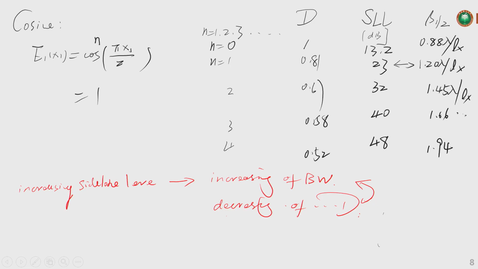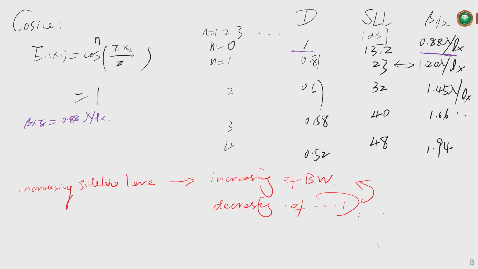Okay, let's continue. Now when we look at F for a uniform distribution, for example, the beamwidth is 0.88 lambda over Lx.